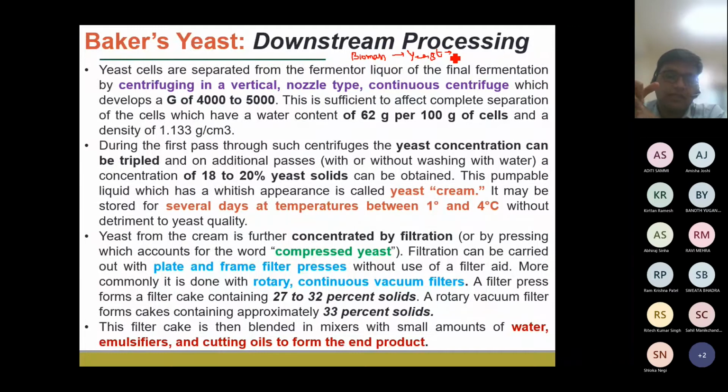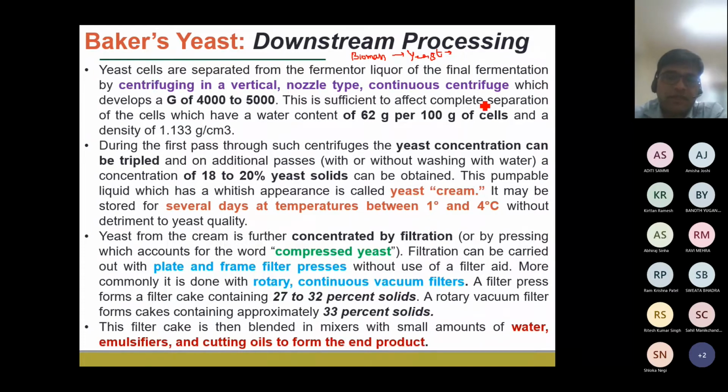Because of that, it can be separated easily, but we require some steps. The first step was the removal of the cells from the fermentation media, and then we did several steps of distillation, filtration, and so on. But in this case, since your biomass itself is your main product, the number of downstream processing steps required is relatively low.